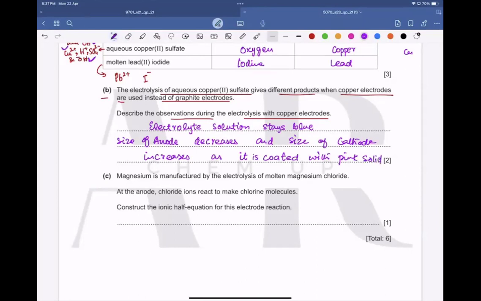So out of these 3, you can just write 2, you will get the marks because it's for 2 marks. Magnesium is manufactured by the electrolysis of molten magnesium chloride.